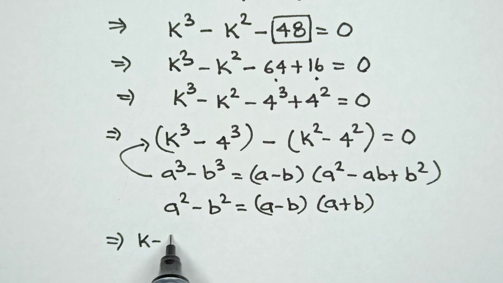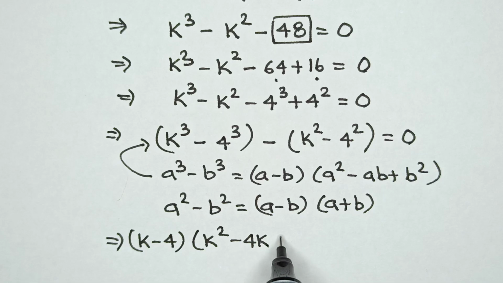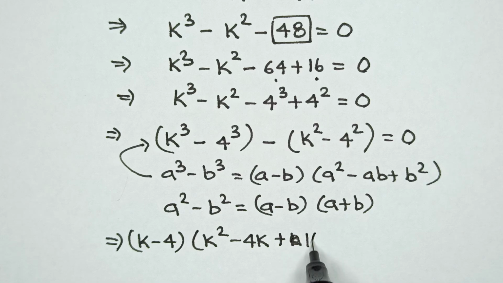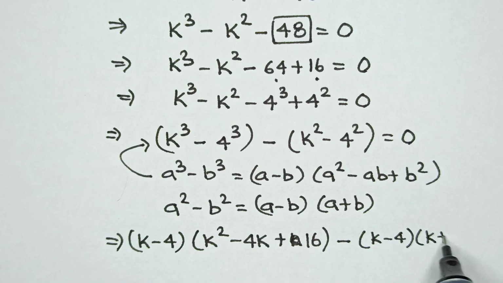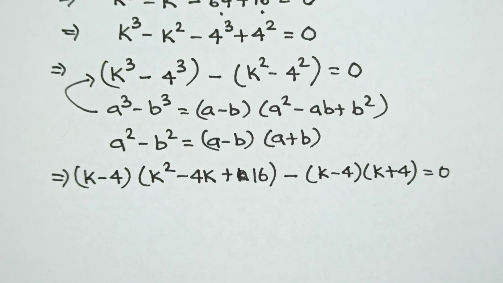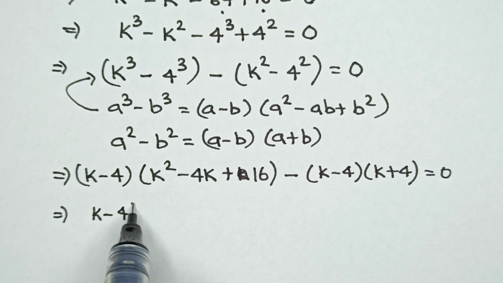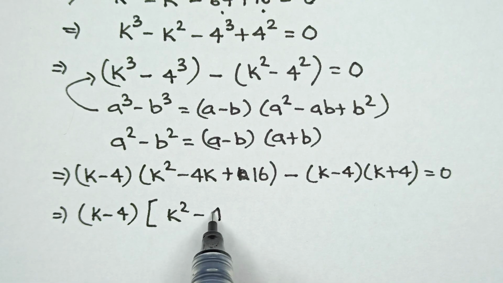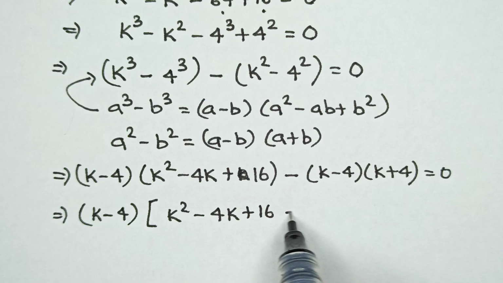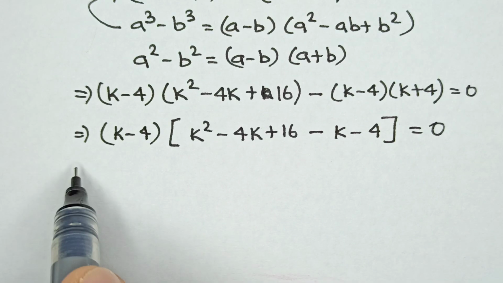So this is k minus 4 multiplied by k square plus 4k plus 4 square, which is 16, and then minus k minus 4 multiplied by k plus 4 is equal to 0. Now from this entire equation, we can take out k minus 4 as common. So the first bracket would have k square plus 4k plus 16 minus k minus 4 is equal to 0.